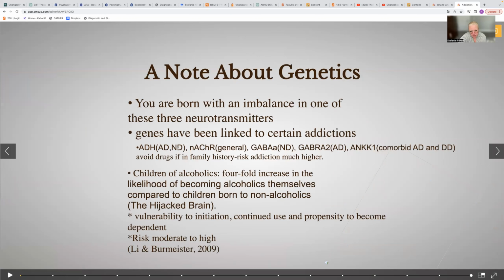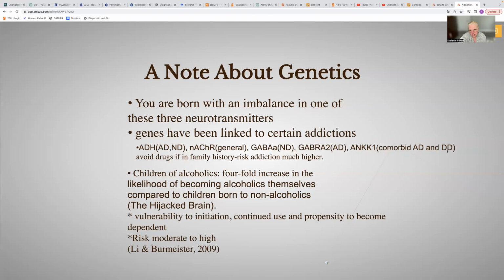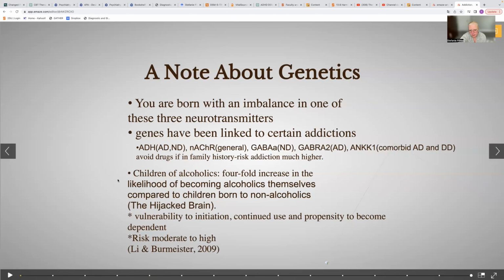This one is narcotic drugs. NACHR is just general addiction. GABA is narcotic drugs. GABA2 is alcohol. ANKK1 is comorbid alcohol and other types of drugs.